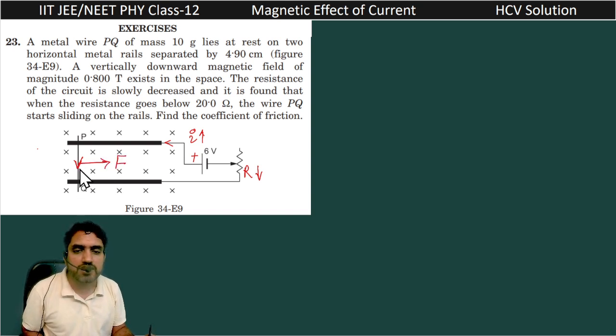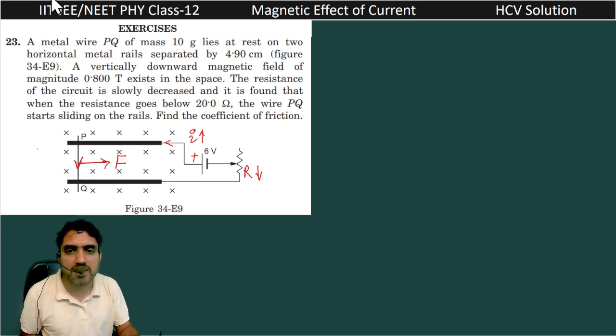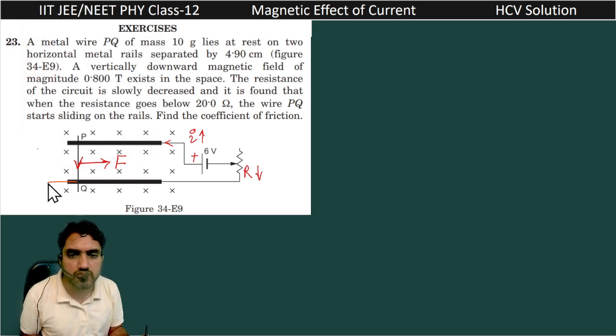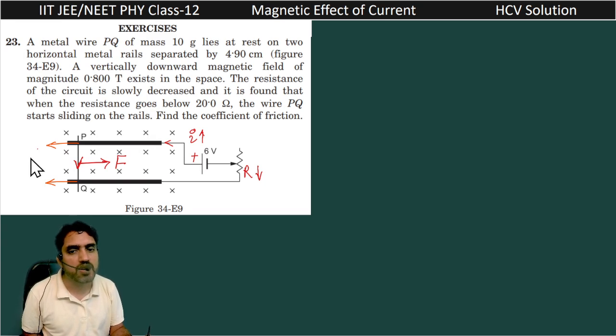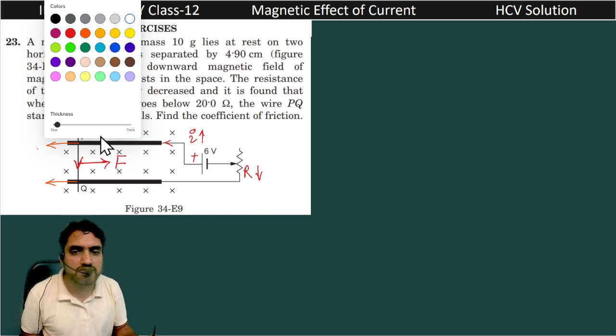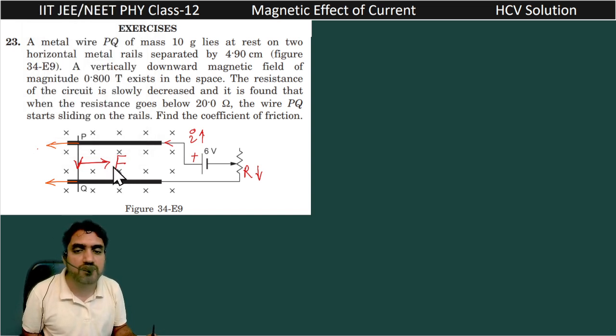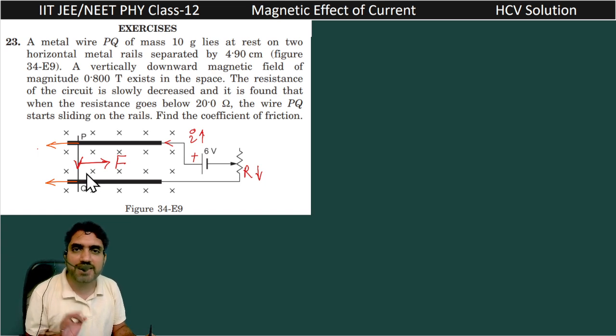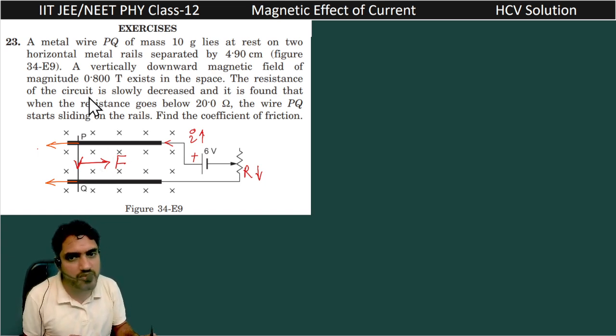So this force will balance the friction force on this rail. When this force F becomes equal to the friction force, then after the maximum limiting friction force, the wire starts to slide, and that is the case we have to find.